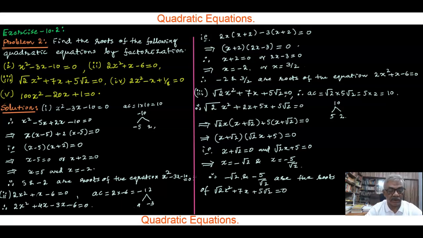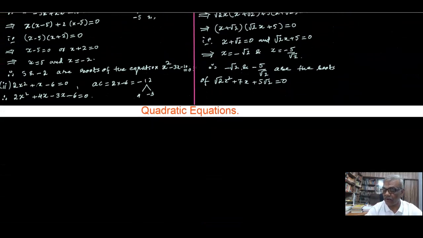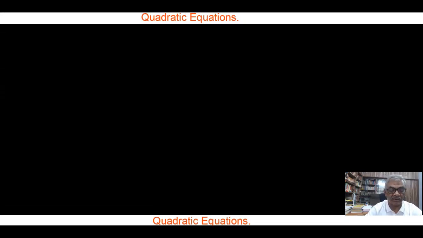Now we will consider the fourth example, and I would like to write down the solution. The fourth example is 2x square minus x plus 1 by 8 equal to 0.